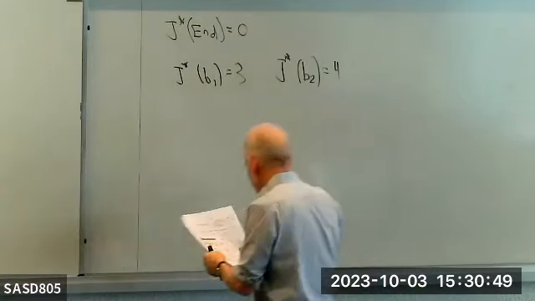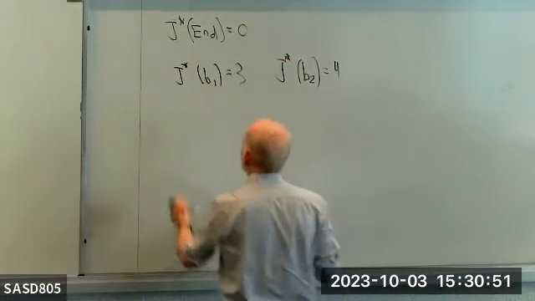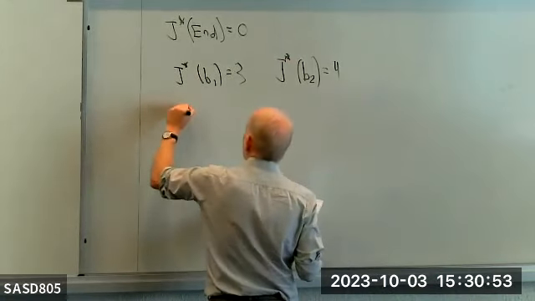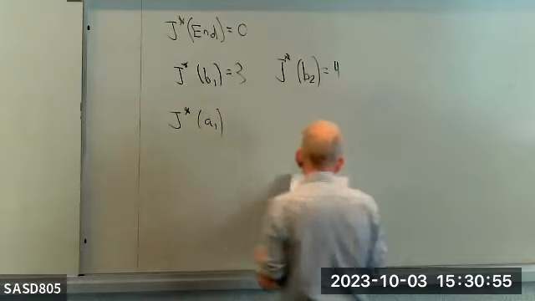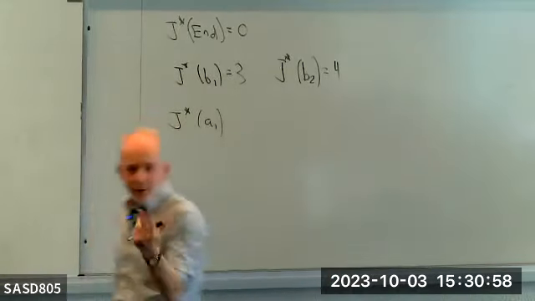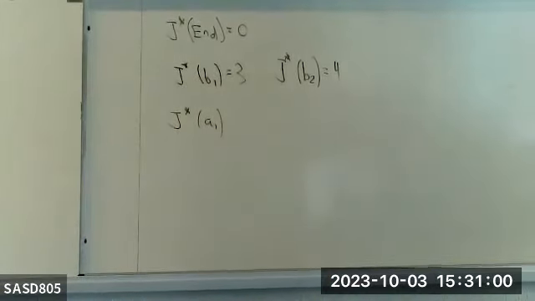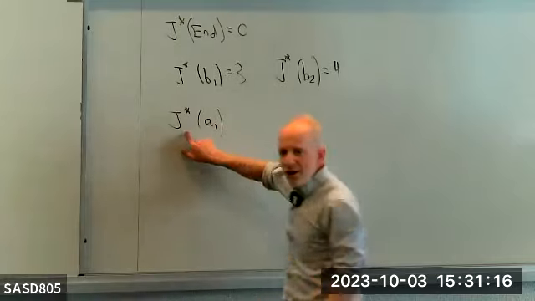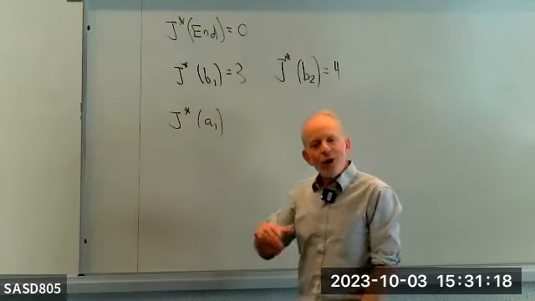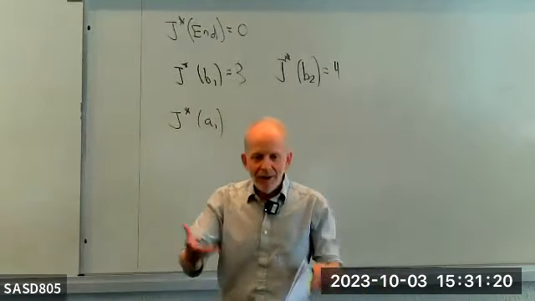So this starts to get interesting when we look at the day before. If we want j star of A1, now we have two choices. If we're at A1, then we can either go to B1 and then to here, or we can go to B2 and then to here. But we want the best cost, so there are two choices, and we want to take the minimum of those two.